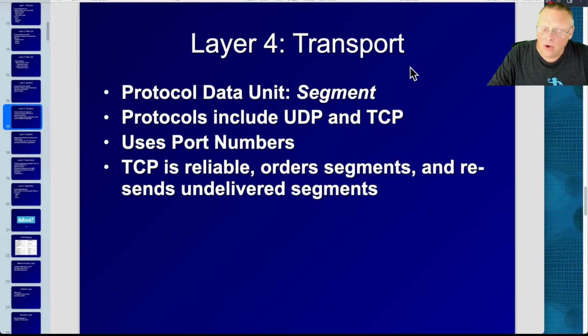Layer 4 is the transport layer. Once you have found the end device you're trying to talk to, this determines which process on that device you want to talk to. One device can serve multiple purposes by listening on different TCP or UDP ports. So in come segments of data, including UDP and TCP port numbers.